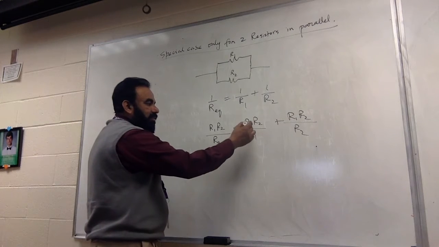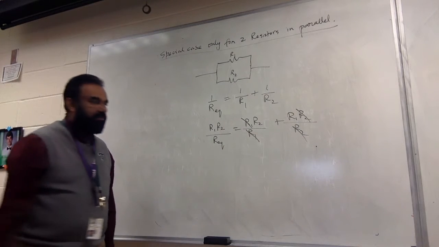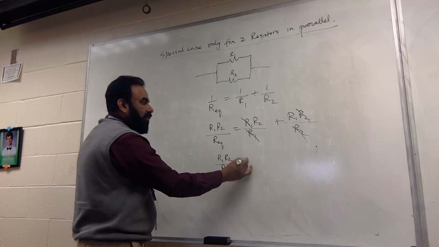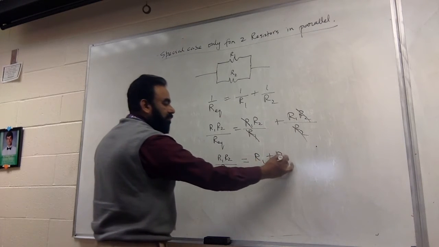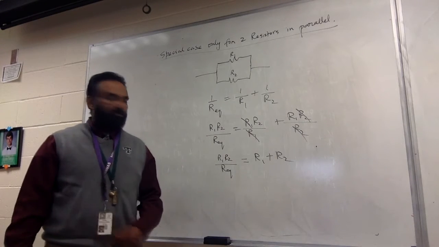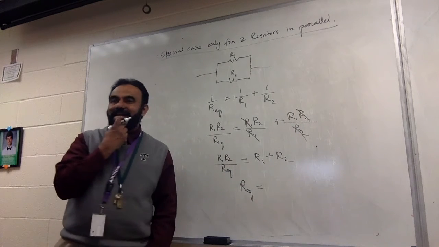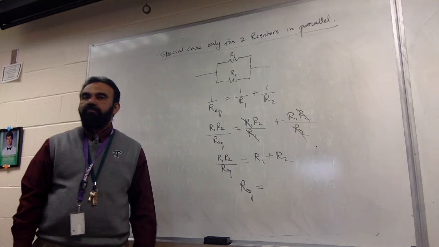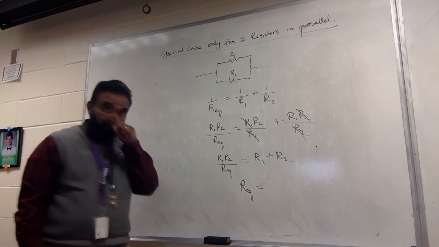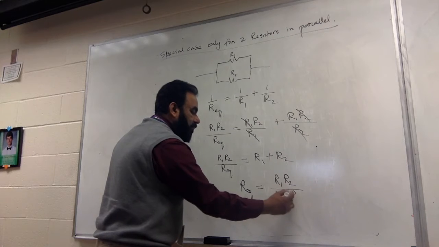So what do you have here? R1 R2 over R equivalent is equal to R1 plus R2, or R2 plus R1. So what is R equivalent? R1 R2 over R1 plus R2.